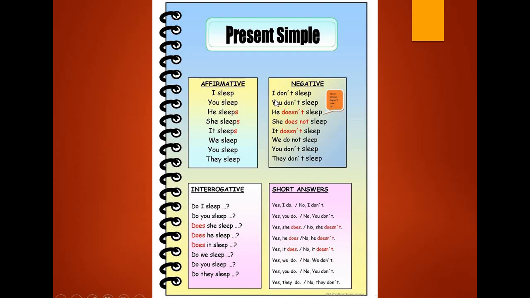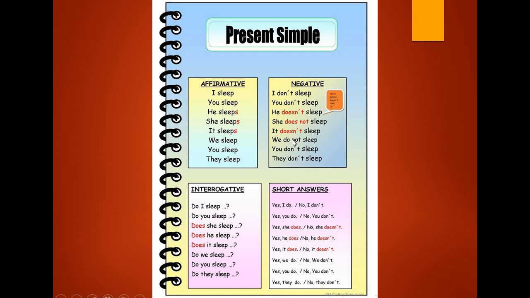So I sleep, I don't sleep. You sleep, you don't sleep. With the verbs that have S, in the negative we add doesn't, and we cross the S from the verb, because doesn't took the S. He sleeps, he doesn't sleep. She sleeps, she doesn't sleep.